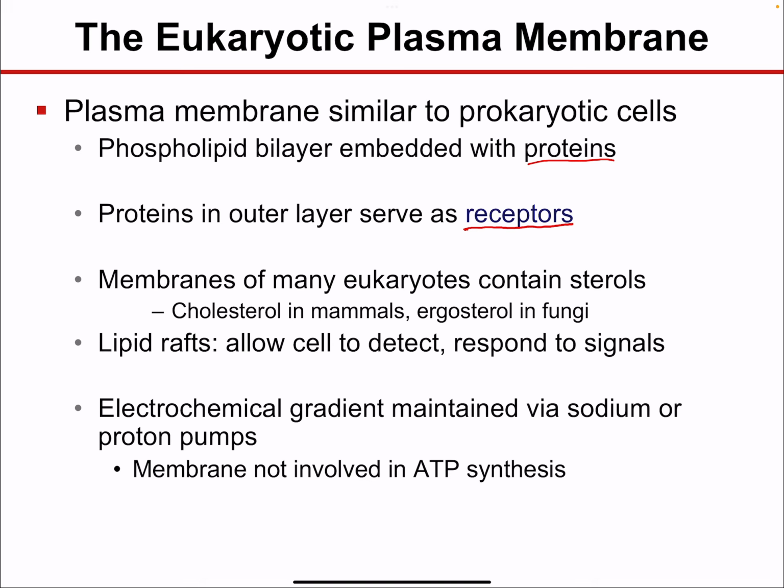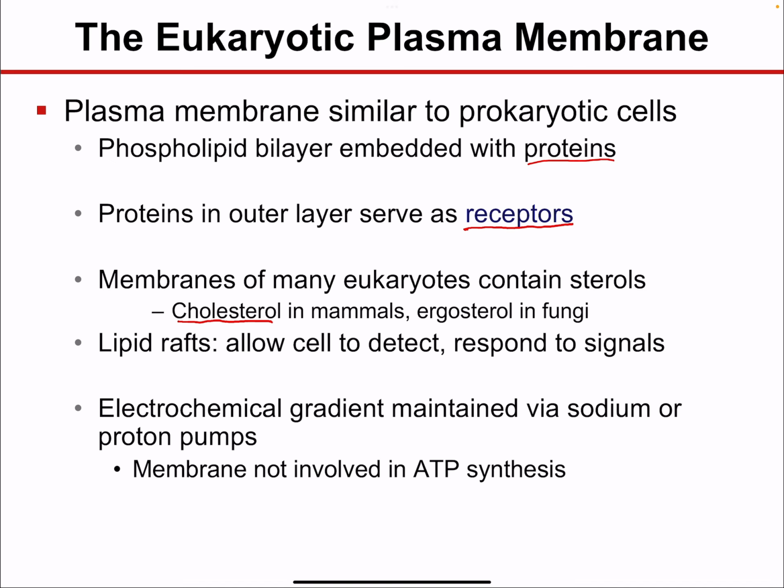Membranes of eukaryotic cells, and particularly animal cells, are going to have cholesterol. Cholesterol is essential to maintain the fluidity of the plasma membrane. When it's cold, the cell is going to need a lot of cholesterol in the plasma membrane so the membranes do not freeze.